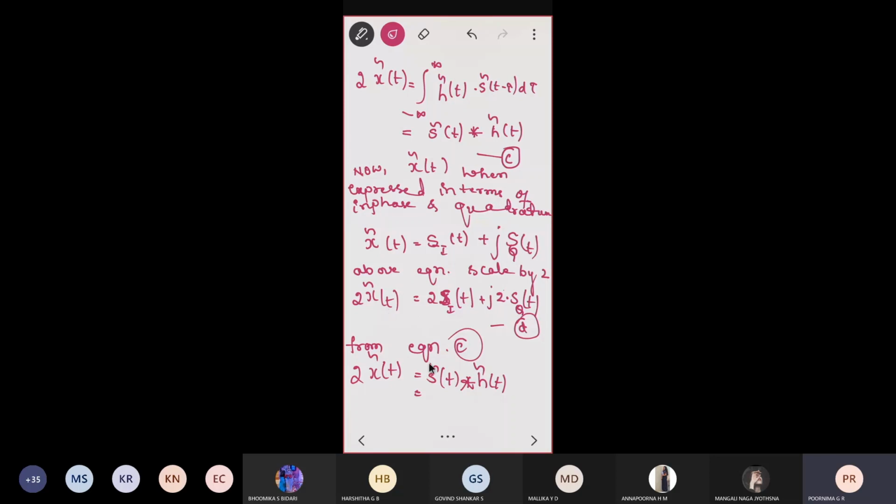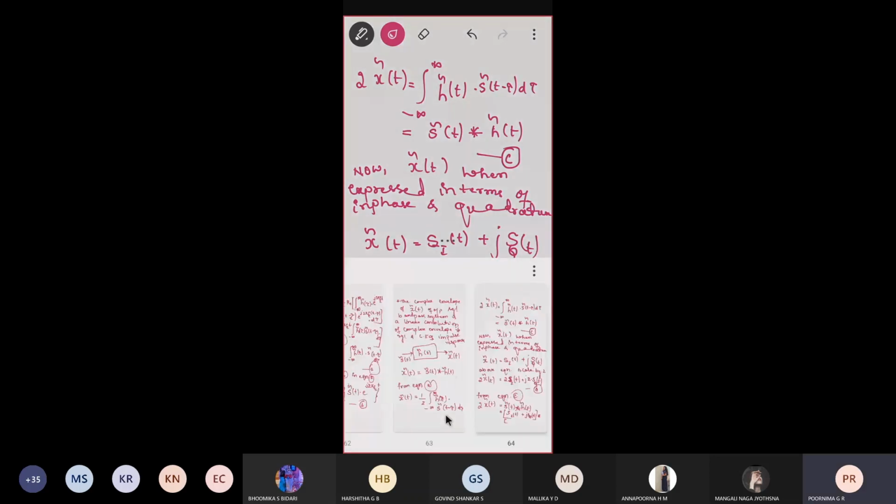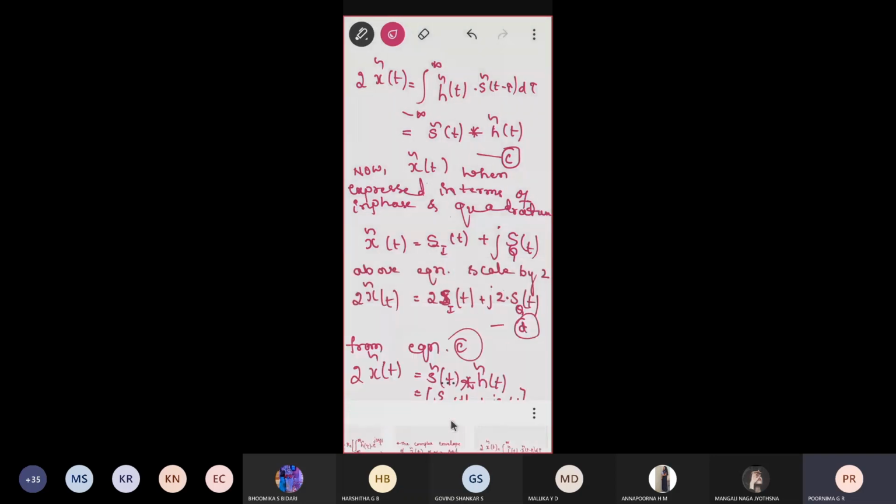But now, when you represent this s tilde of t in terms of the in-phase component and the quadrature component, this is equal to s I of t plus j into s Q of t, convolved with h I of t. I'll go to the next page.